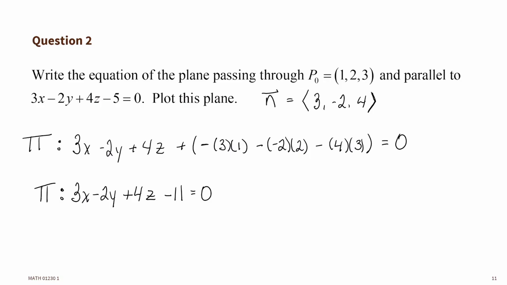Why is the normal vector the same slope as the plane? Shouldn't it be perpendicular? It's perpendicular to the plane. But if you have two planes that are parallel, their normal vectors would also have to be parallel. Plane 1, plane 2.